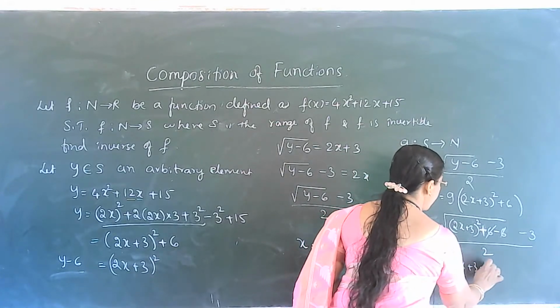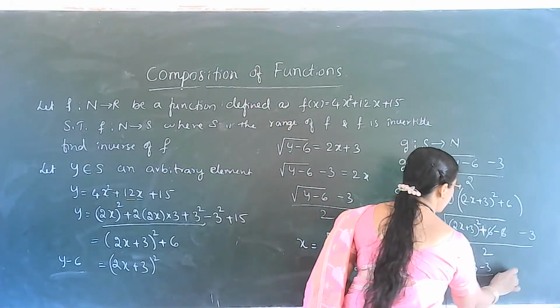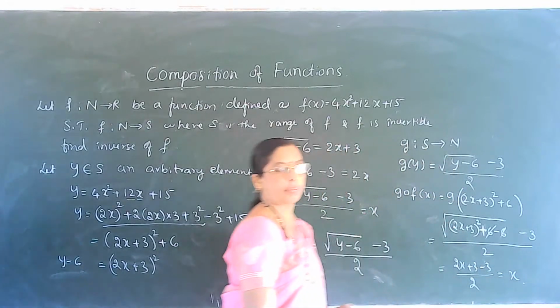So 2x plus 3 minus 3, divided by 2, is equal to x.